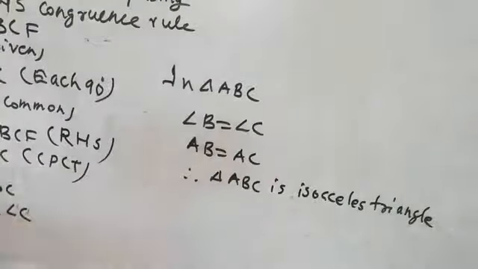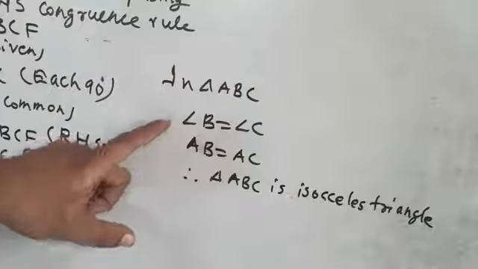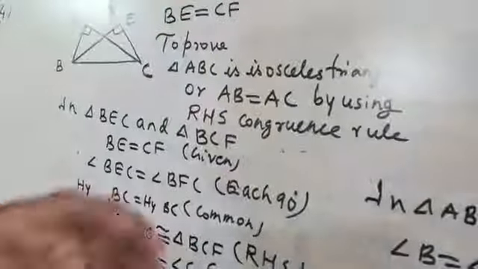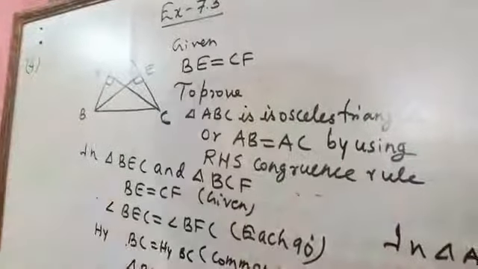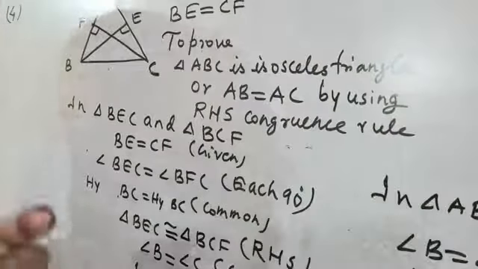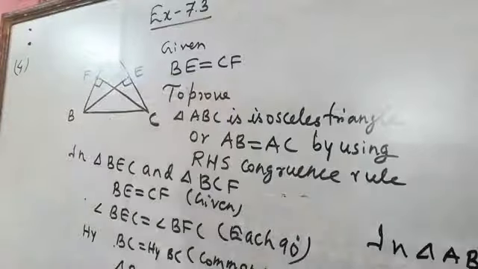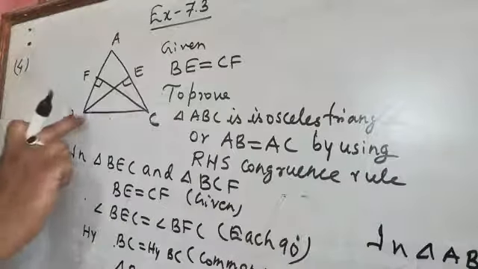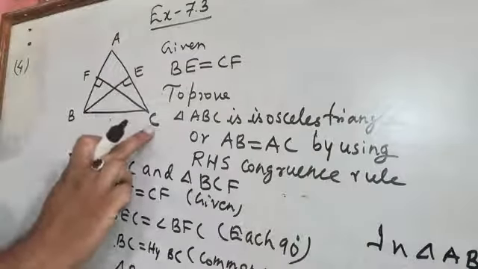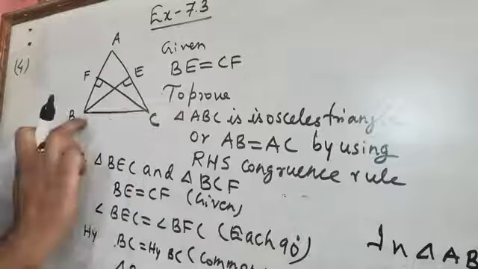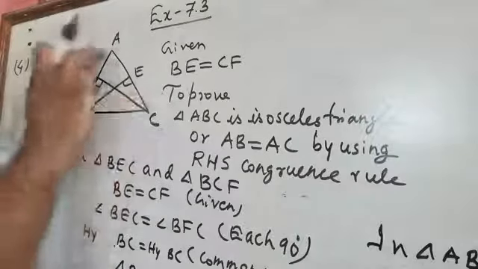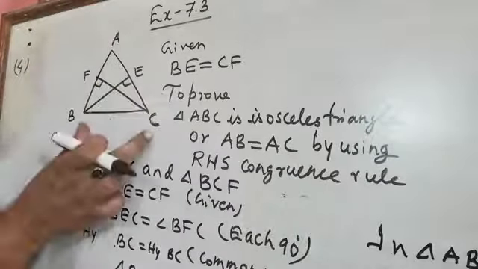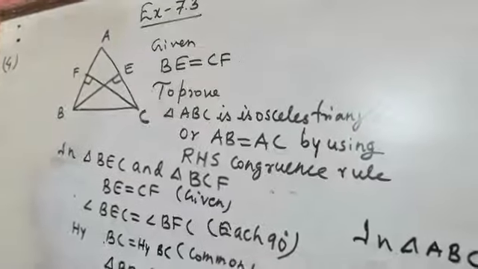And this came because the side opposite to the angle B, you can see from the figure, is AC. The side opposite to the angle C is AB. Therefore, we can write AC equal to AB. And we have studied one theorem: if two angles are equal, the opposite sides are equal.